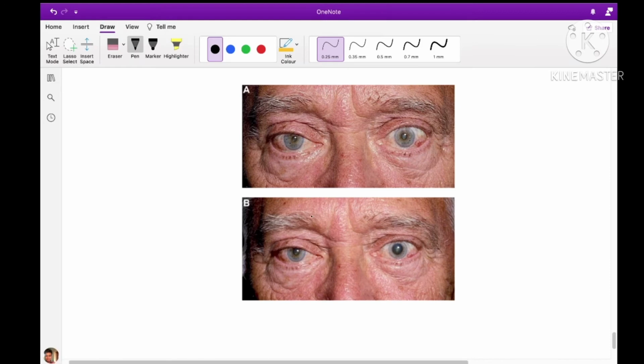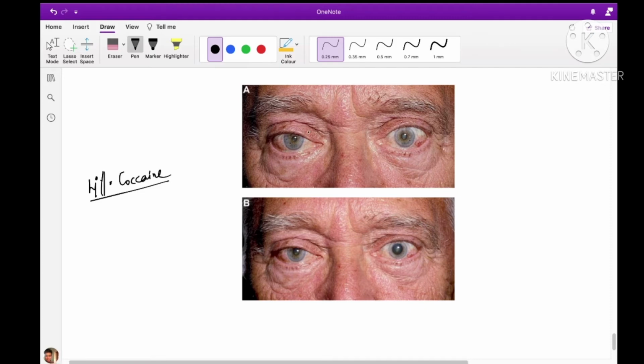The second test to confirm a Horner's is using 4 percent cocaine. So you have to instill it. This is the patient, suppose this is an example image.